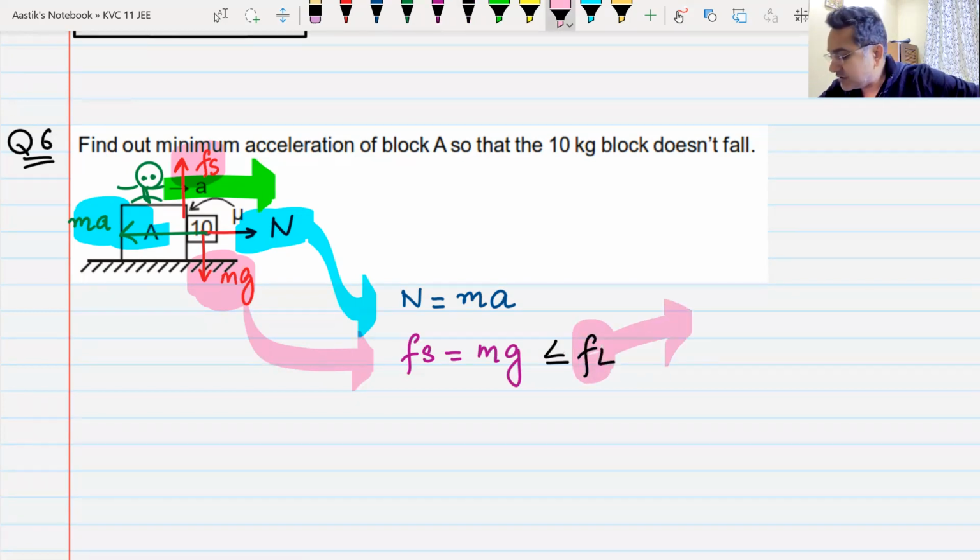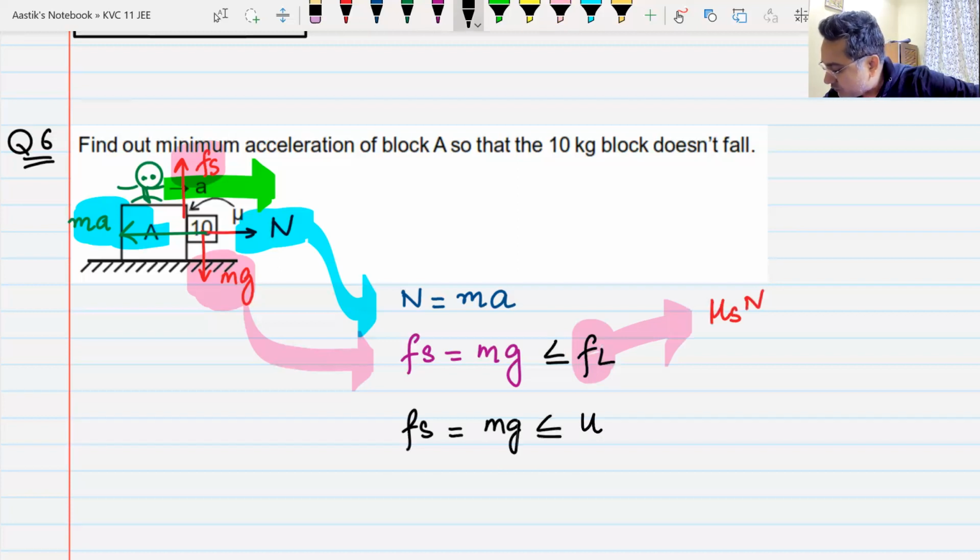This limiting friction I know is fixed. That is mu s multiplied by N. So I get my equation: Fs, which is equal to mg, should be less than or equal to mu s multiplied by N. Mg should be less than or equal to mu s, and N is equal to ma.